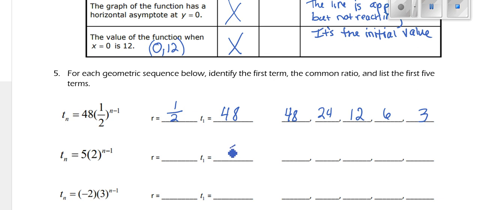Okay, my first term is 5. My growth rate, or my common ratio, is 2. So I'll have 5, 10, 20, 40, and 80.